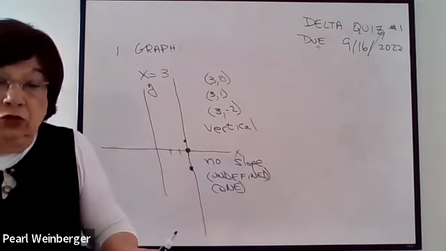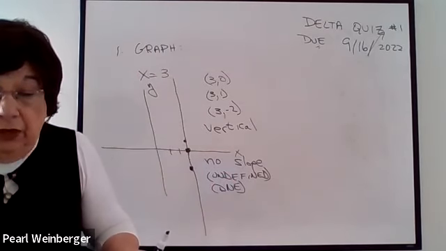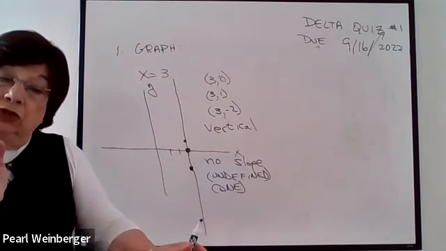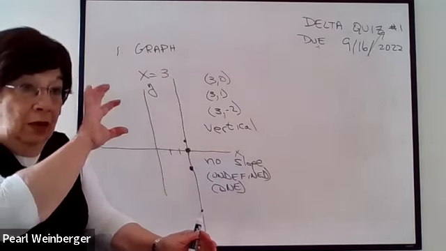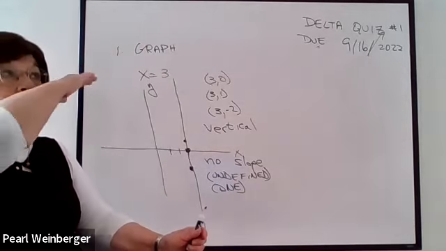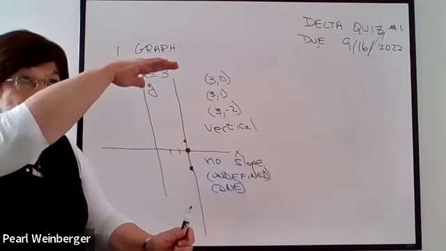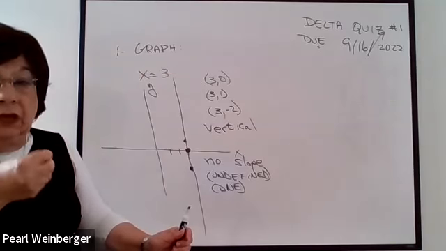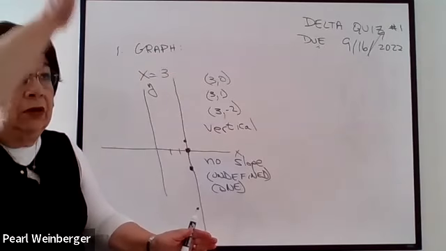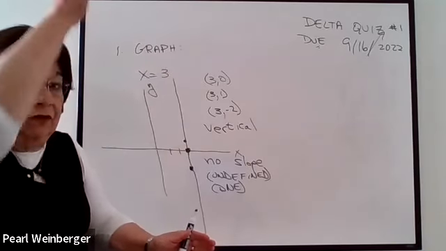So these are two simple equations that give us very special lines. If you have only a y in your equation, you're going to solve for the y and get that horizontal line. If you have only an x in your equation and no y, you're going to solve for that x and get that vertical line.